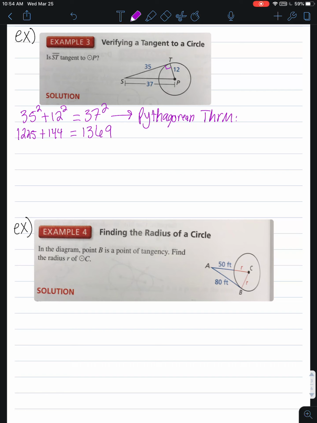Okay, and it turns out that 1,225 plus 144 is 1,369. So because the Pythagorean theorem showed that it was a right triangle, that must mean that ST is tangent to circle P.